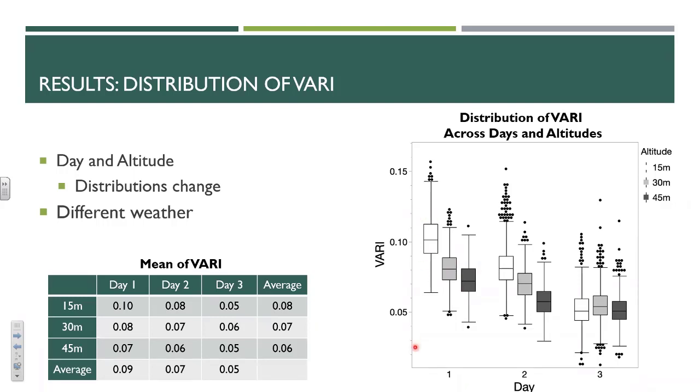You can see that across days, those means are changing, and then also across altitudes, the distributions. We can't exactly say that it's due to the altitude that those distributions are changing. It could be, but you have to remember we also had different weather on each of those days.